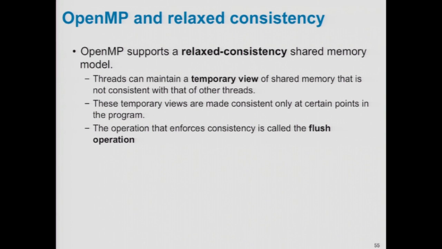And usually if you're rolling your own synchronization, you care. If you're not, let the system deal with it and you don't have to worry about this part of the memory model. So there's a construct called flush, which basically says, at this point in time, make sure that the variables that are user visible actually have the values that you expect them to have.